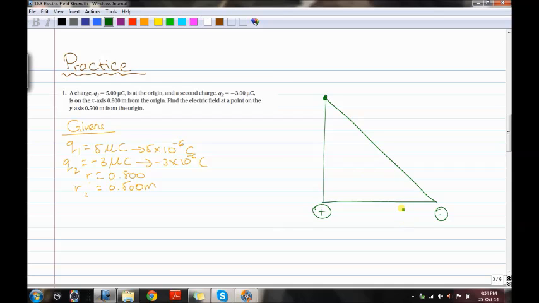The distance here is 0.5 and the distance here is 0.8 meters. This is Q1 and this is Q2.